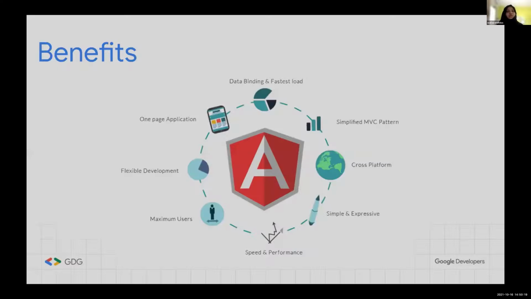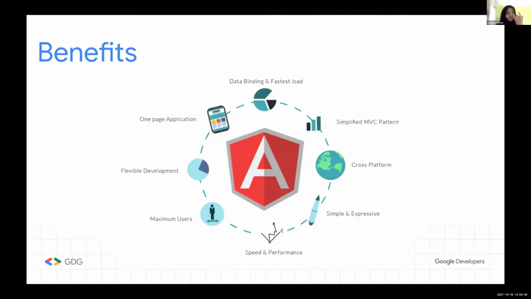The benefits of Angular are that it helps you develop flexibly. It helps you create one-page apps. It helps you use something called data binding, and helps you load in the fastest way.